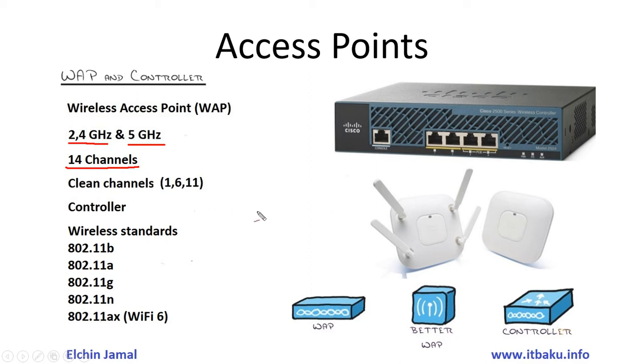Every Wi-Fi access point has 14 channels, but when we configure it, the channel mode is automatic by default. So each access point chooses these channels automatically by default, but we can assign these channels manually as well.